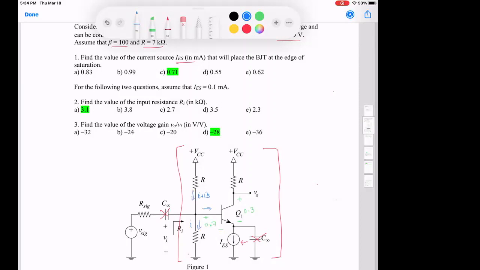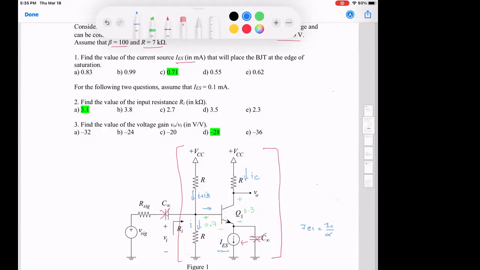And I have another equation that relies also on IC. IC and IB are related, so basically I will have two unknowns, and finally I can say that IES is equal to IC over alpha, okay?